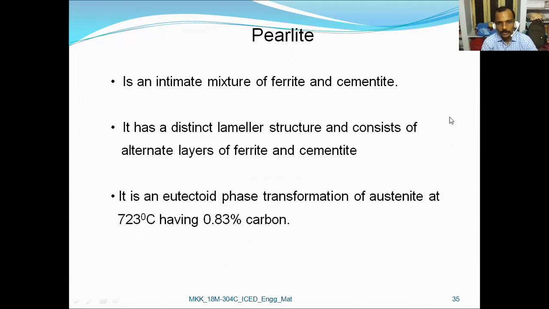It is formed by the eutectoid phase transformation of austenite at 723 degrees centigrade, having 0.83% of carbon. So the eutectoid transformation of austenite forms perlite.